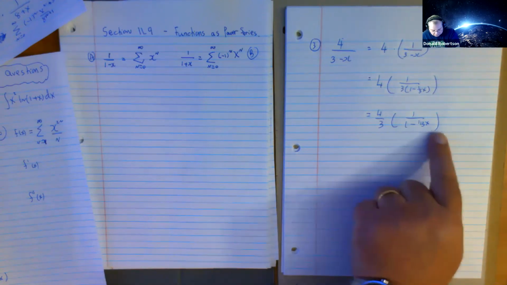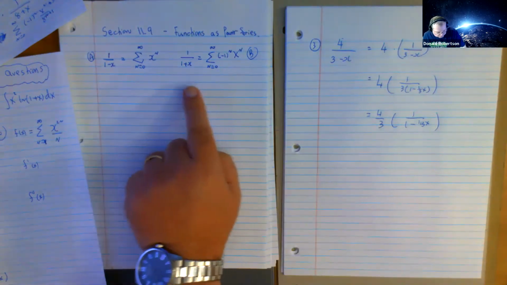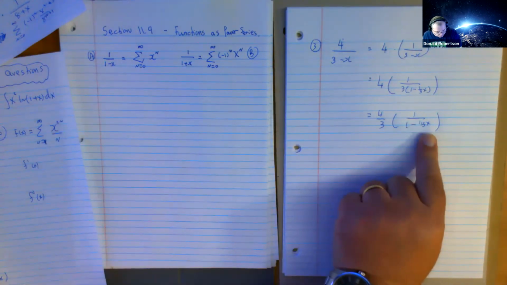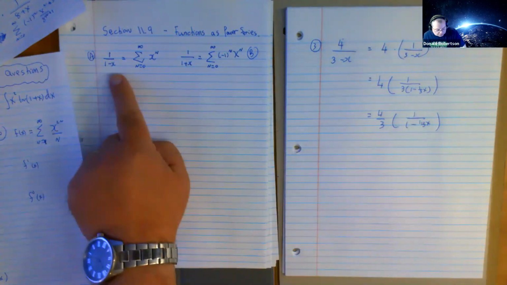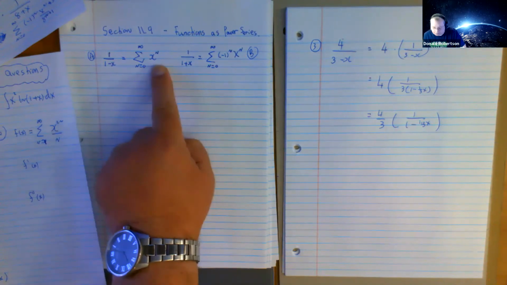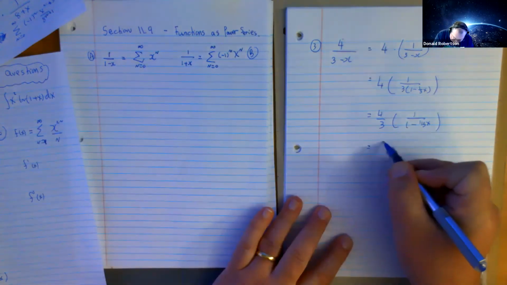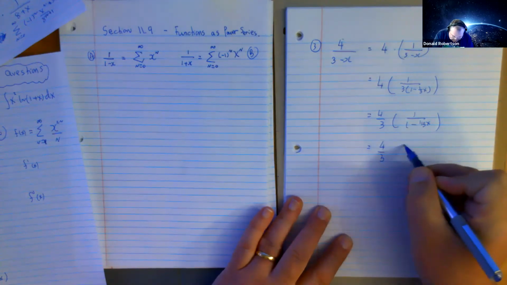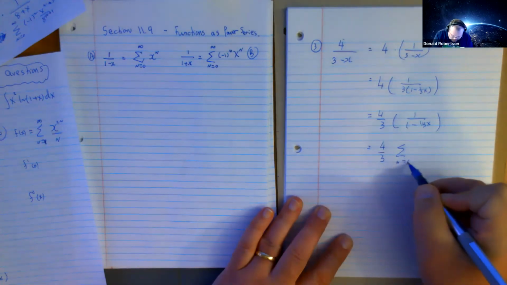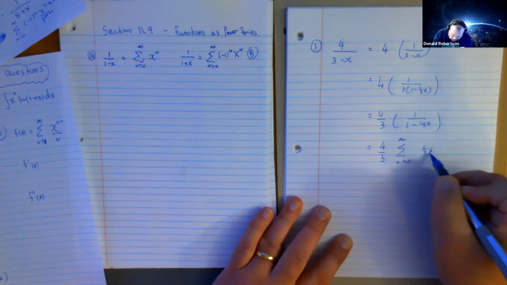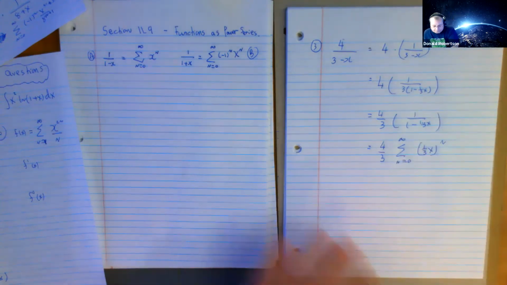Now, once he's written like that, can't I go to this one here and do a substitution where I'm going to replace the 1/3 x, right, here? Substitute that 1/3 x right in here. So that means I'm going to get 4/3 sigma n equals 0 to infinity 1/3 x to the n.